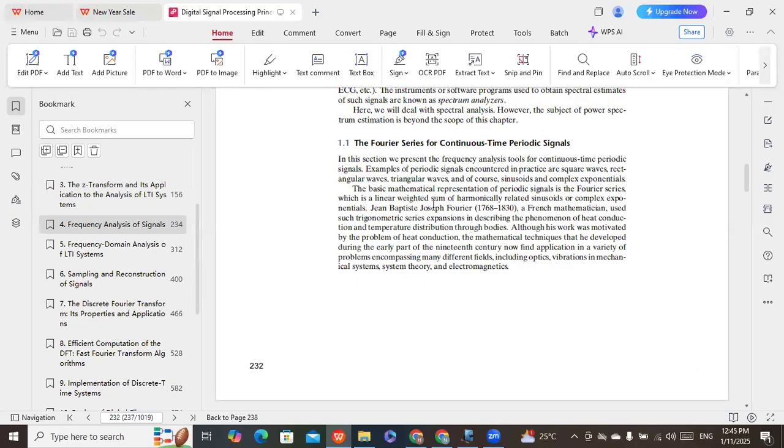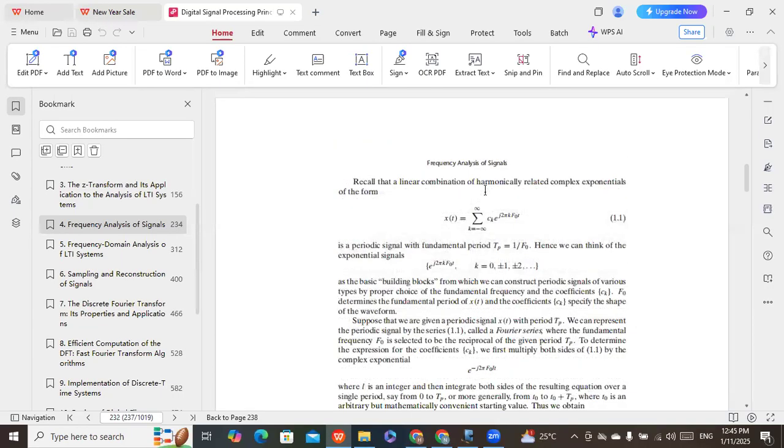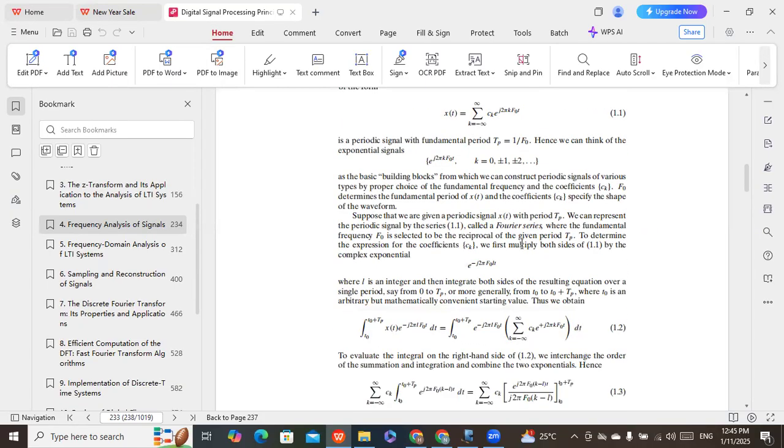Okay, so continuous time periodic signal. For the continuous time signal, this is the Fourier series representation. This 2 pi f naught I have written as omega naught, so both are the same.